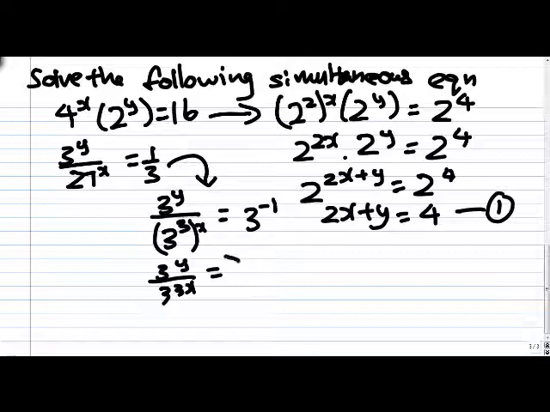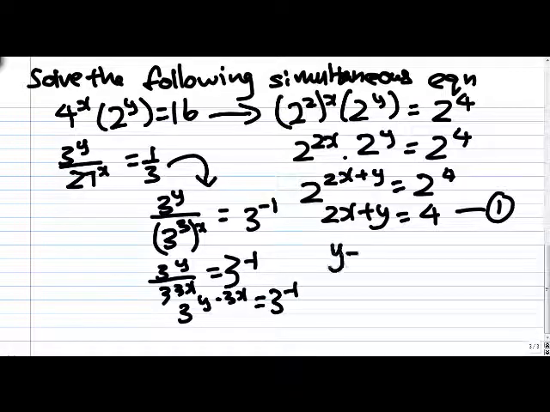It's actually 3 to the power of minus 1. So 3 to the power of y minus 3x equals 3 to the power of minus 1. Therefore y minus 3x equals minus 1. Let's call this equation 2.